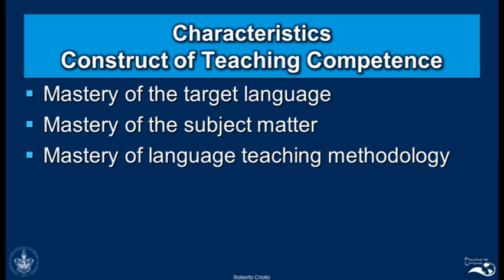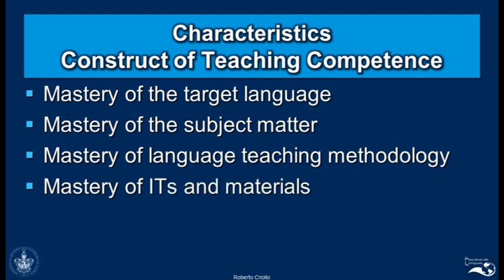Number 3, we can also include the mastery of language teaching methodology, which means that a competent teacher should be very well trained in the management of the different approaches, methods, and techniques for teaching the course that he or she is teaching. And we can also include mastery of information technology and materials.